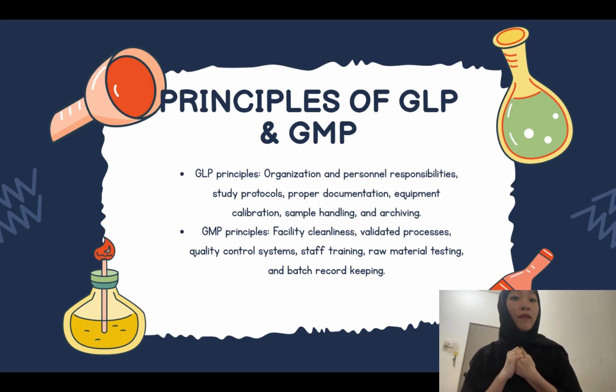Also, we need to use written standard operating procedures, SOPs, so we should follow the SOP. After that, we need accurate documentation and record keeping, and also quality assurance programs and audits, and last, proper handling and storage of test samples and substances.